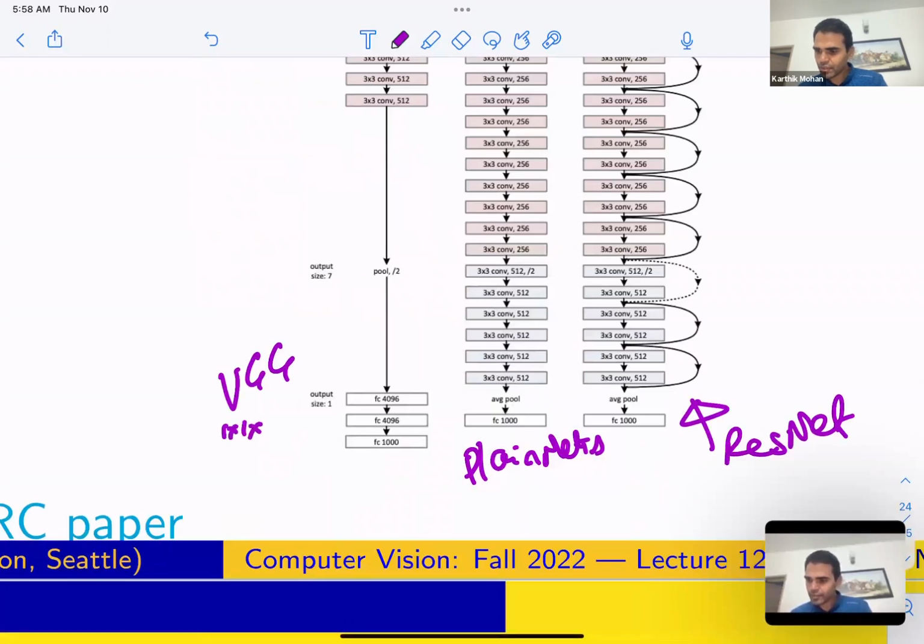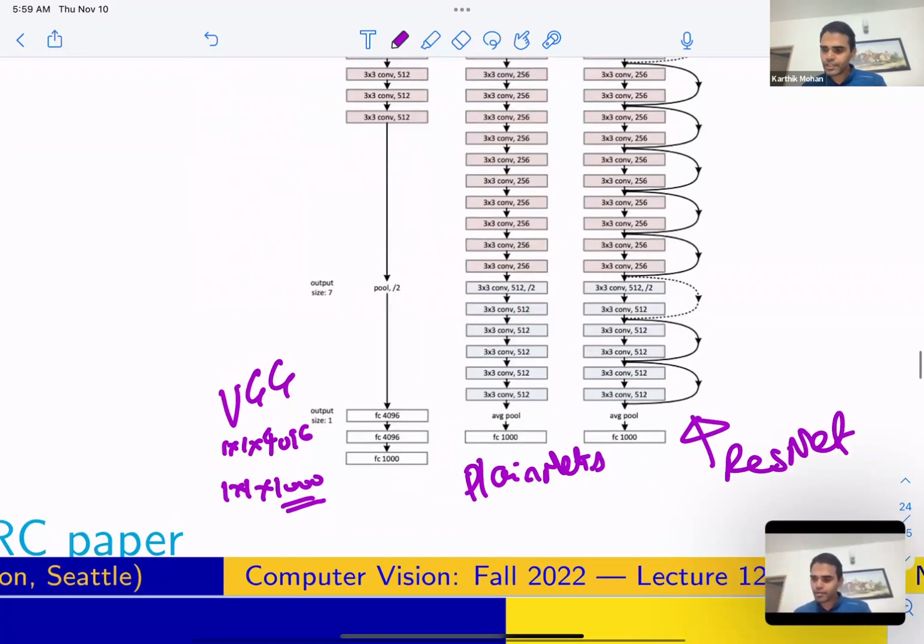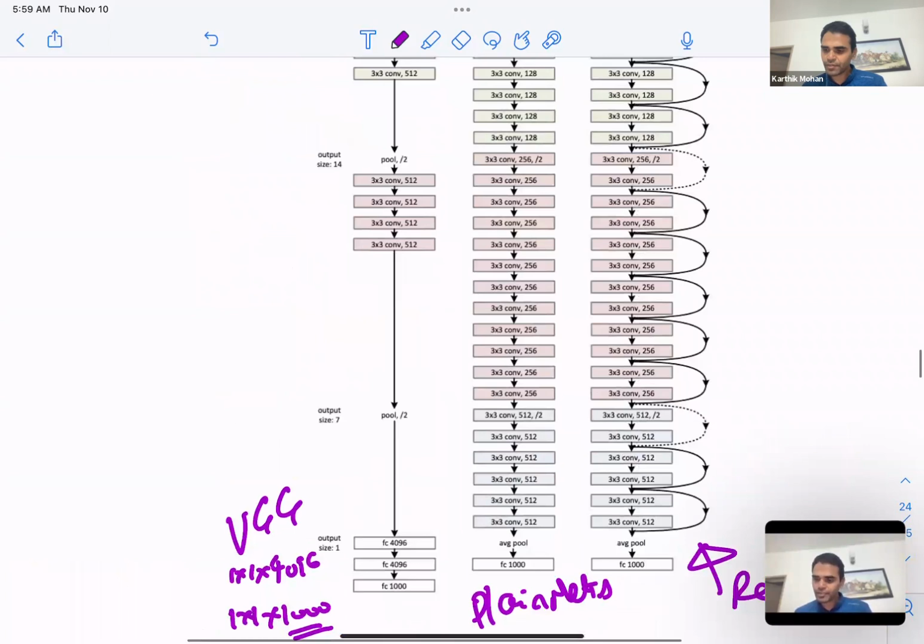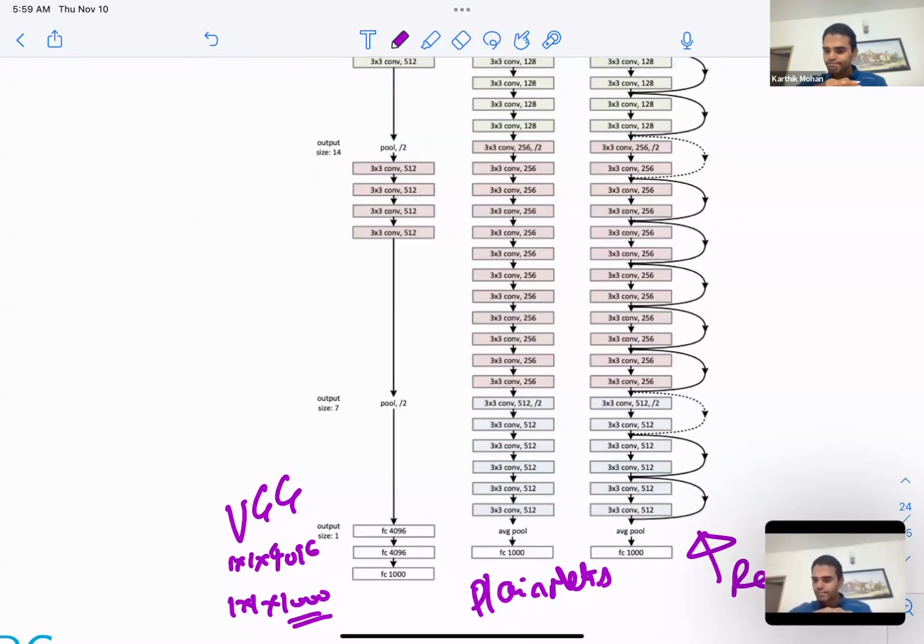The depth has gone to 4096, and then it finally goes to 1000. So the depth here is actually helping us with the classes. You can see this as a way to understand how these sizes change, because at the very end, you want 1 by 1 by depth, where the depth matches the number of classes. That's a way you can construct these layers.